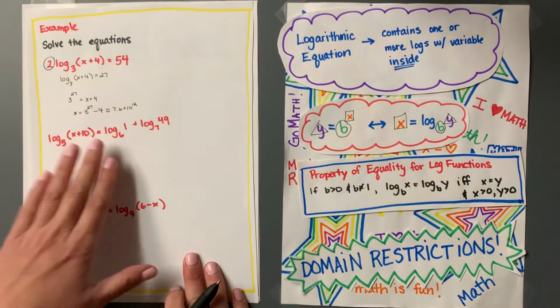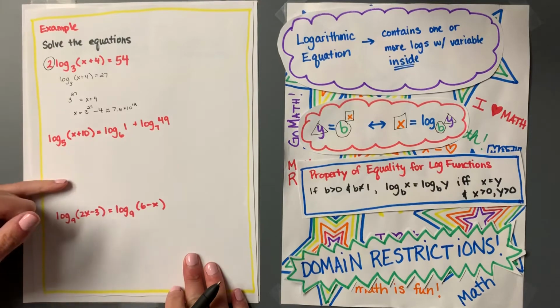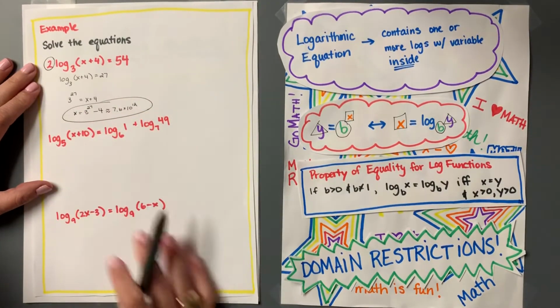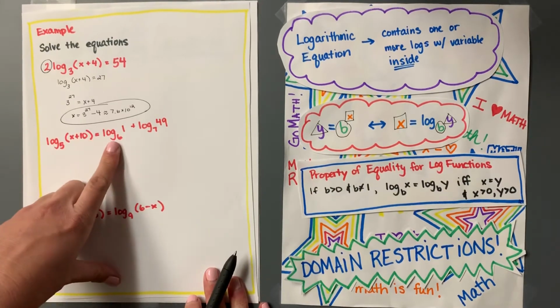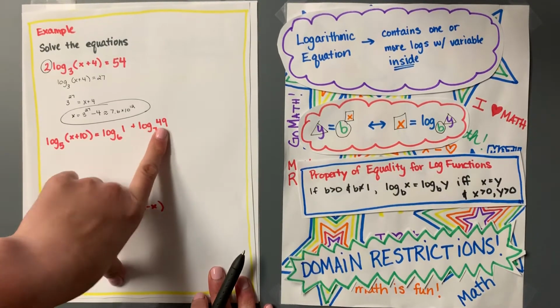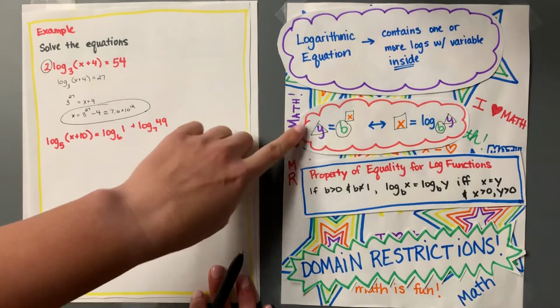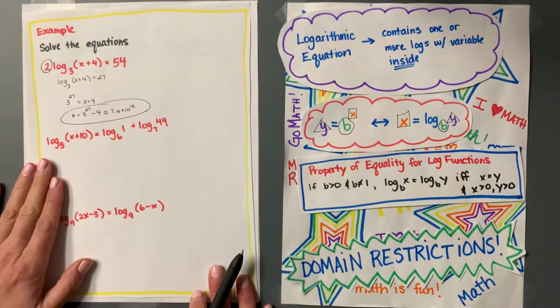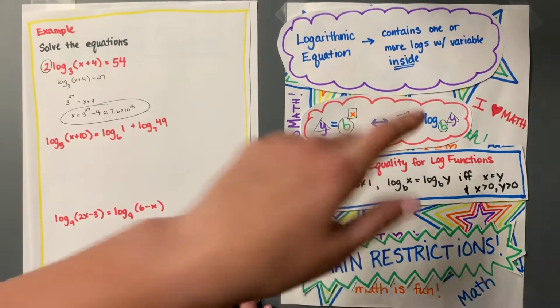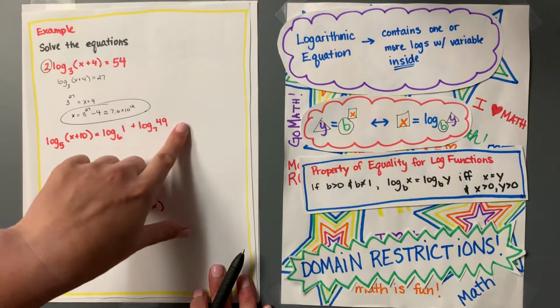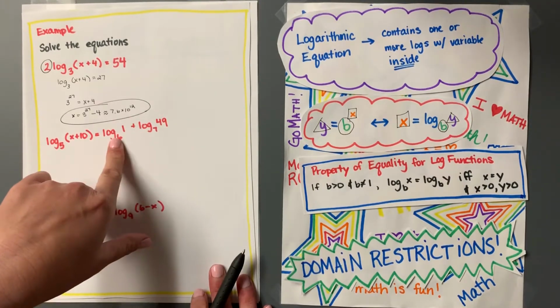All right. Looking at our next problem, we can see that we have log base 5 of x plus 10 is equal to log base 6 of 1 plus log base 7 of 49. So what I'm seeing here is this doesn't really look like either case. The issue that I have here is I have log base 5, but then that doesn't look like a number to me.